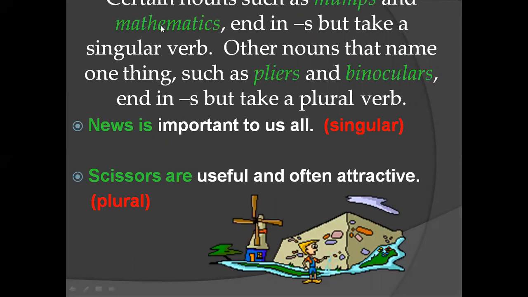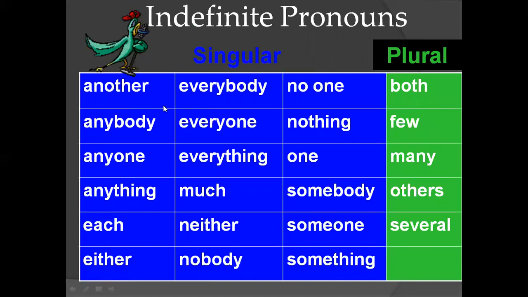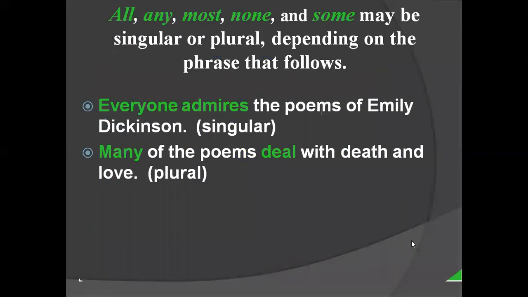Other nouns like mathematics and news, whose words end with s, take singular verbs. And about the indefinite pronouns, you can see another, everybody, no one. Dears, just learn them by heart. They are always singular. And in plural form, you know, both, few, many, others, and several.